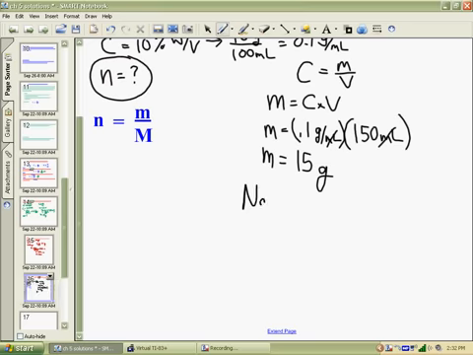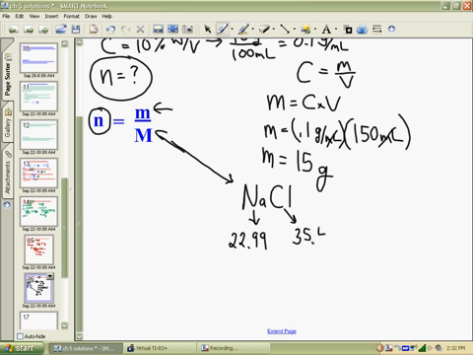So to get the number of moles, I have my mass of 15 grams. I need the molar mass of sodium chloride. The molar mass of sodium is 22.99. The molar mass of chlorine is 35.45. When we add those together, you get 58.44 grams per mole.